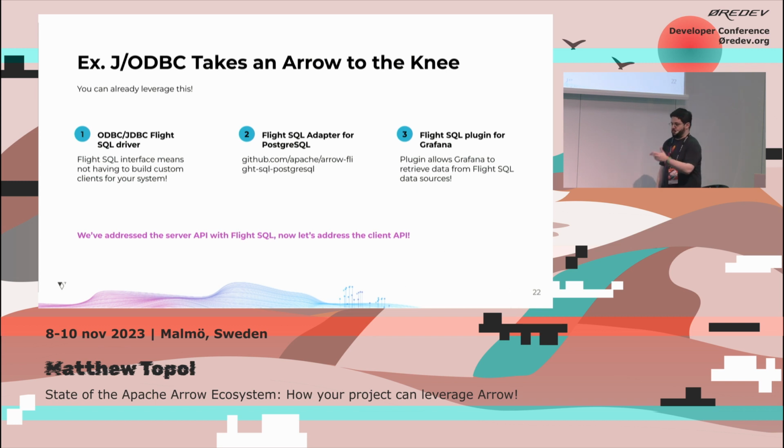There's an open source work from the Arrow community for a Flight SQL adapter for Postgres. It's a plugin so that you can have a Postgres server, add the plugin, and now you can access Postgres just as efficiently through Arrow Flight SQL.